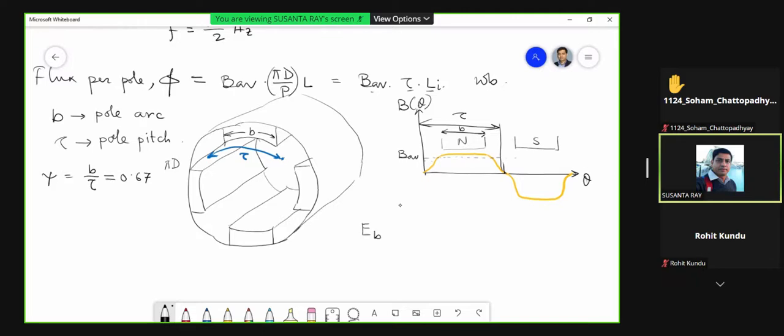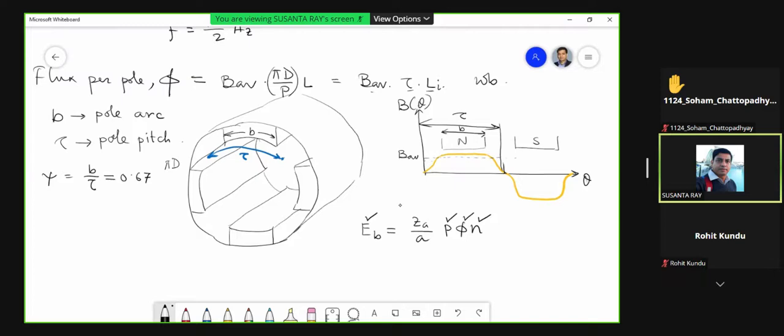Suppose again I am writing the expression of EB, that is ZP by A, phi N. So what values do we know? EB we have already determined, the number of poles we have, the flux we have just determined, and the speed in RPS we can calculate from the specification. One more thing we need is the number of parallel paths.